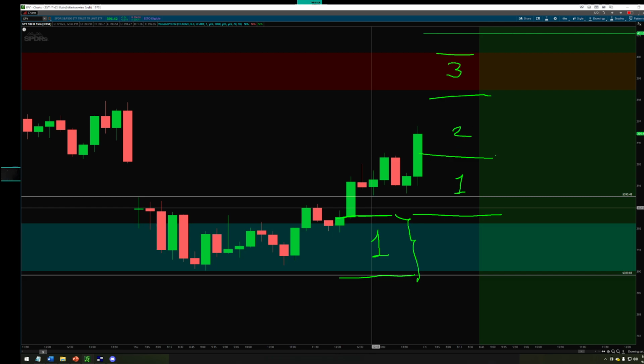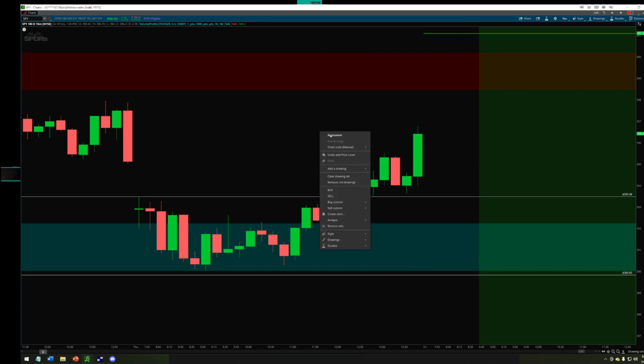So you have target 1 here, target 2 here, and target 3 here. But you have to give it all this range, because the zone is validated when it's breached. In this case, this is a demand zone, and it worked like that one.